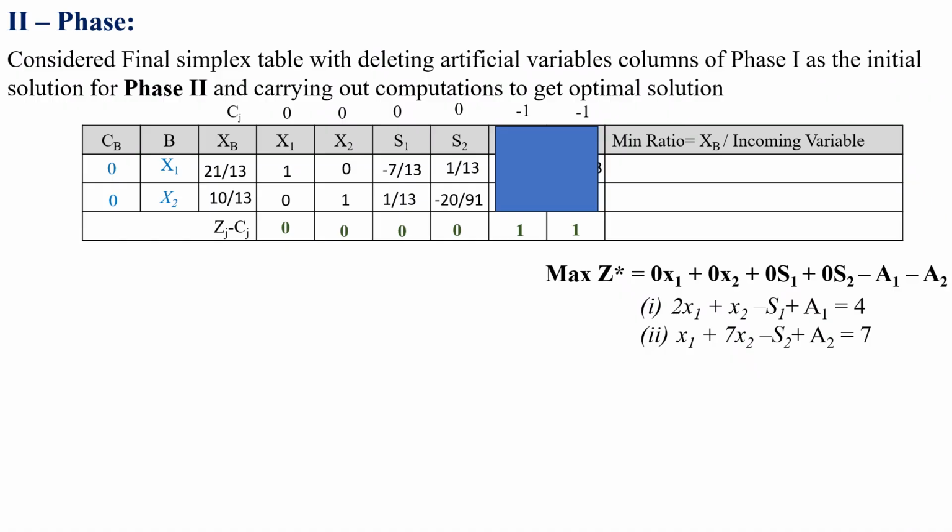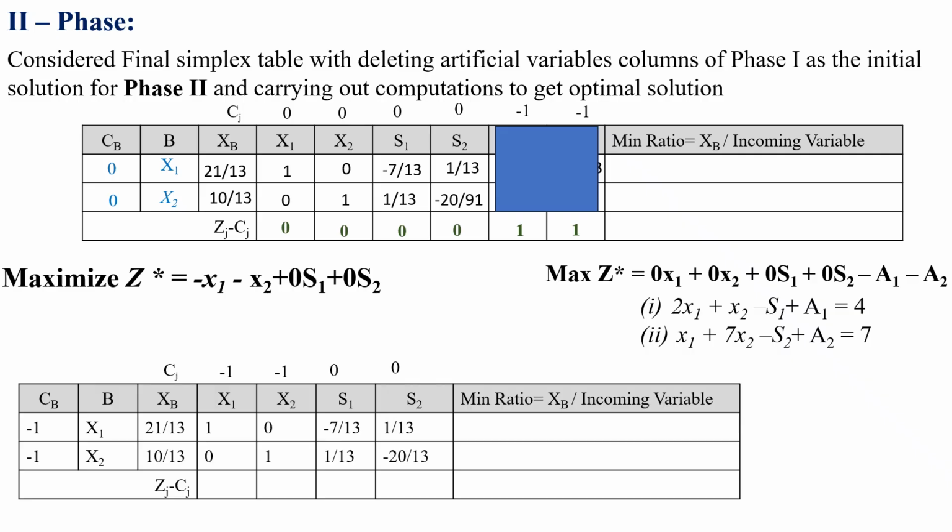We are removing the A1 and A2 columns, and it is considered for the solution of phase 2, and we have to carry out the calculation to get the optimal solution. So now we have to modify the table by removing the A1 and A2 columns, and moreover we have to modify the cost coefficients.